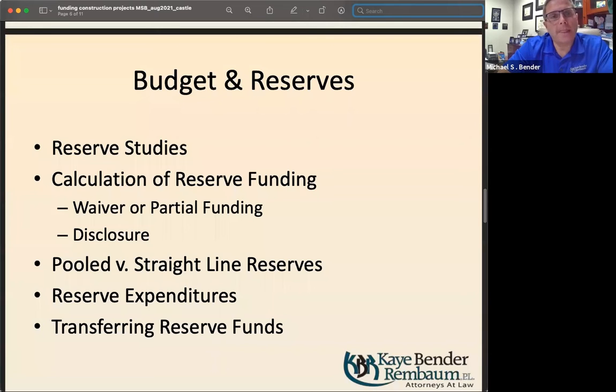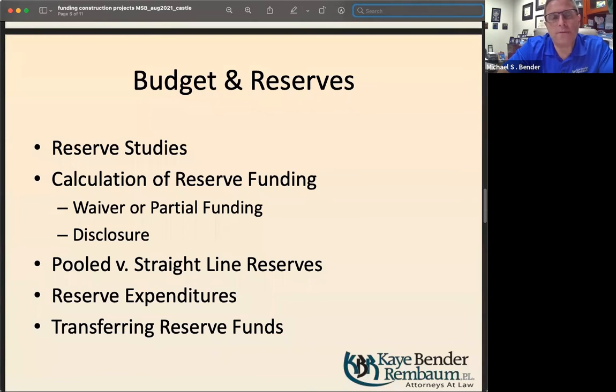Like the example I gave, if you put $1,000 into the roof fund, and then 5 years in, you have $5,000 in there, and you realize that the roof isn't likely to need replacing for 15 years, but you suddenly have a need to address the paving, and you don't have enough funds in the paving reserve line.